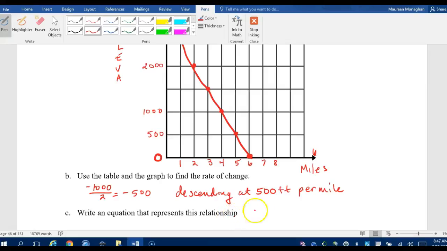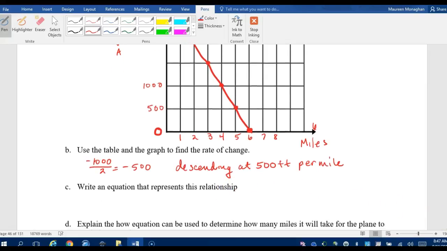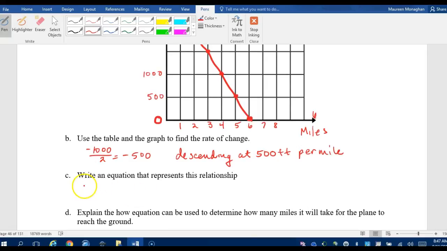Write an equation. Okay, we got this. We're going to use y and m. If they don't give us variables, then, or did they give us variables? Yes, they did. My bad. Yes, they gave us y and x. So we have something x, and then this is the y-intercept.